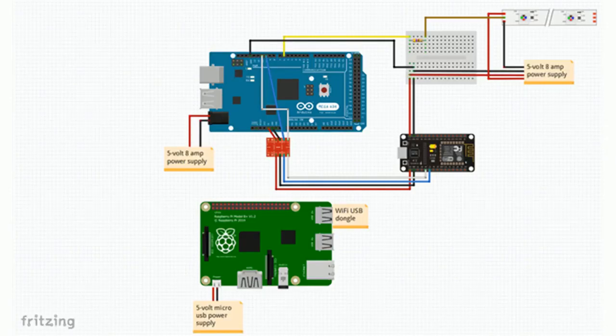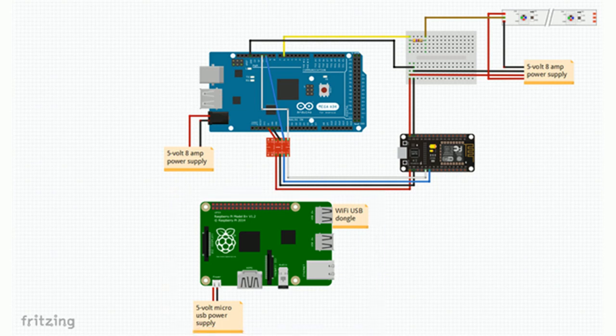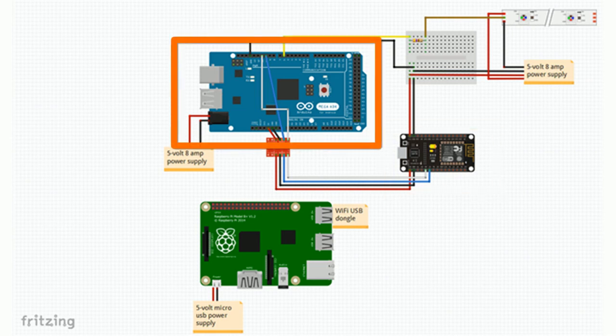The website is hosted on a Raspberry Pi web server, which also hosts an MQTT broker. The website uses WebSockets to communicate to the broker, which then sends via MQTT communication protocol a command message to the Node MCU Wi-Fi chip, which is physically connected to the Arduino Mega.